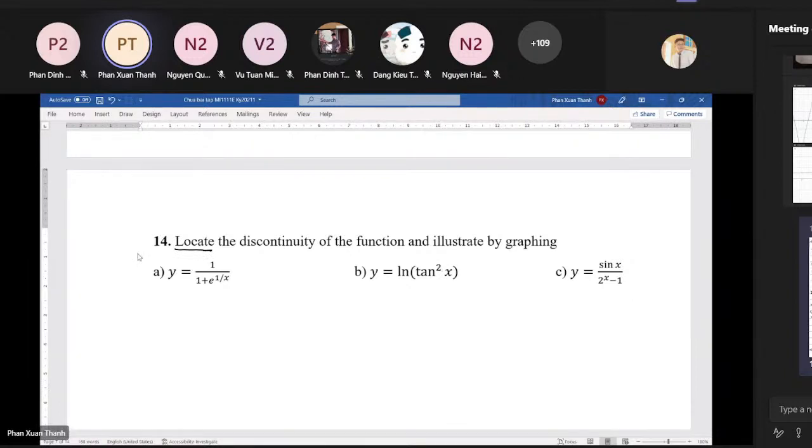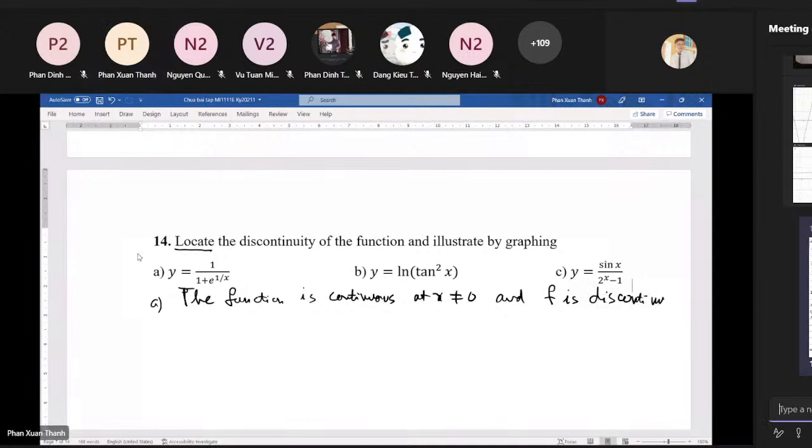So for A, you should write here that the function y is continuous at x not equal to 0, and f is discontinuous at x equals 0.